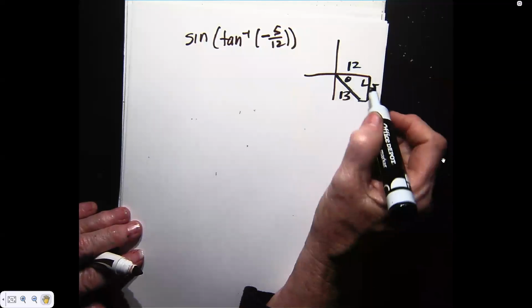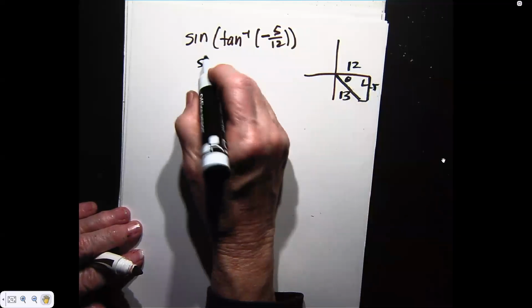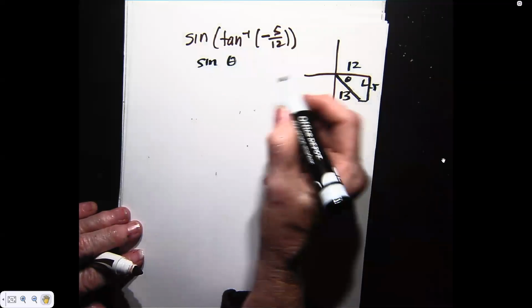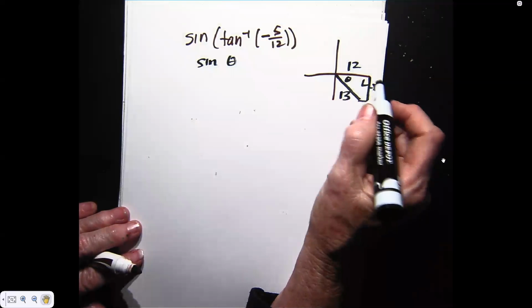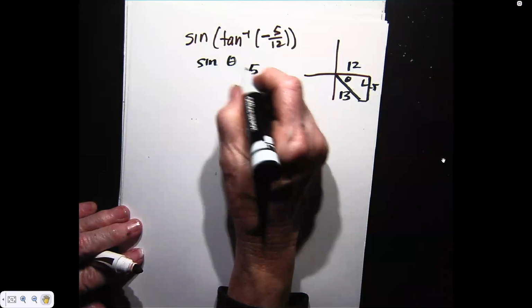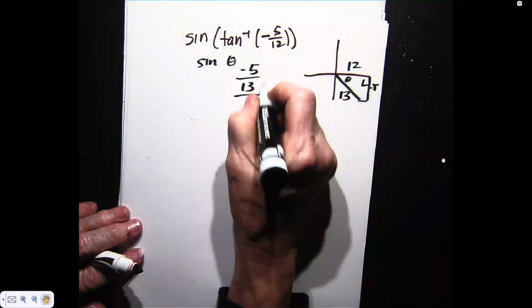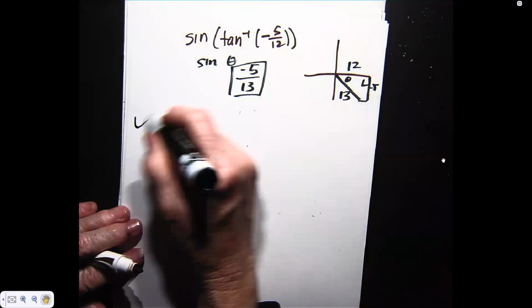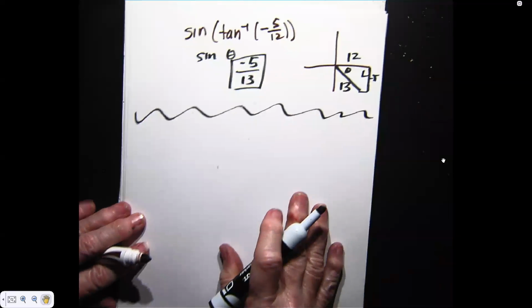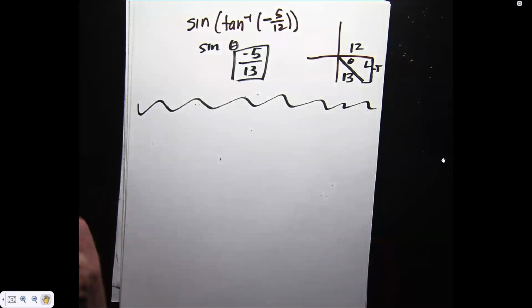So the sine of this angle is going to be -5 over 13. And that's really all we're doing in this process, just evaluating different angles.